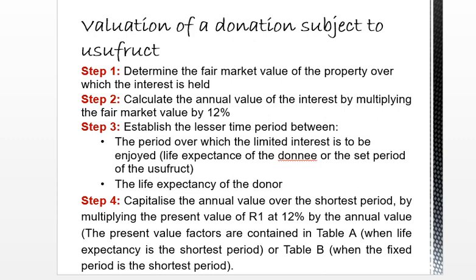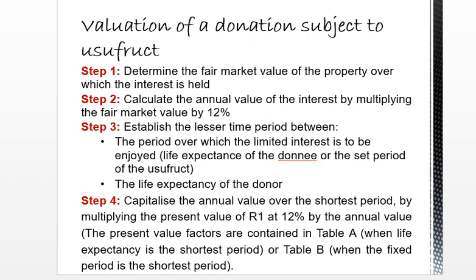And then finally we want to capitalize the annual value over the shortest period of these two life expectancies by multiplying the present value of R1 at 12% by the annual value as per table A.